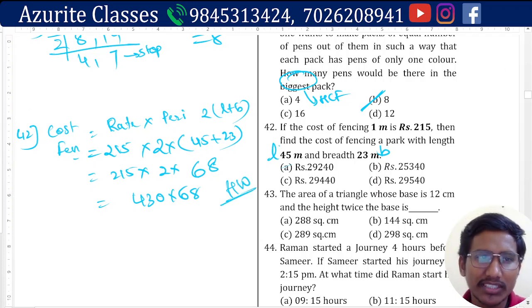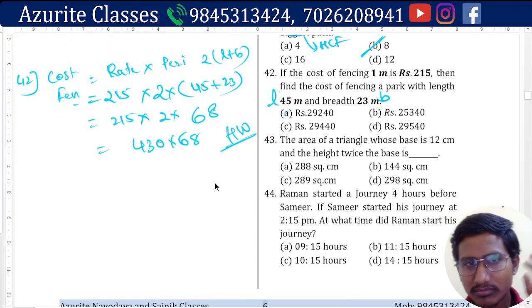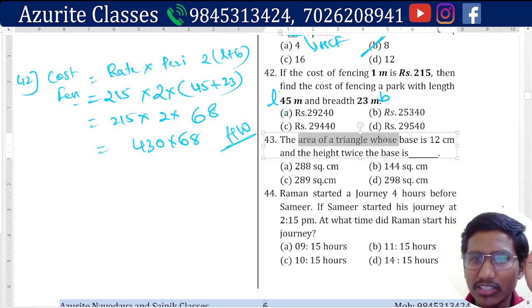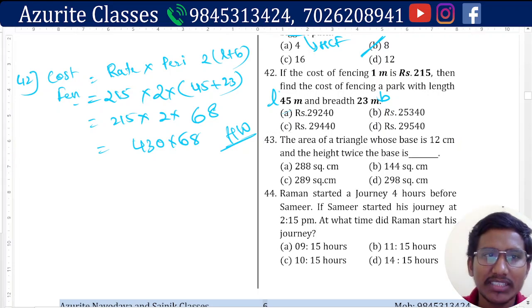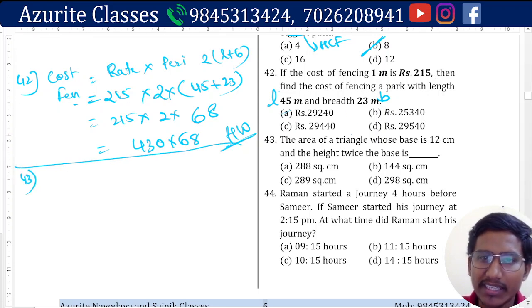Now let us do the 43 question. The area of the triangle whose base is 12 centimeter and the height is twice the base. So for 43, you go with the solution. They are asking for the area of a triangle whose base is 12 centimeter and height is twice the base.